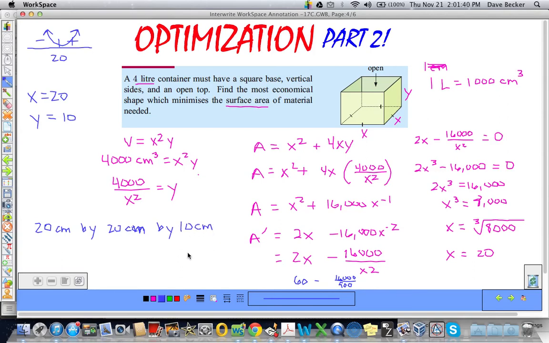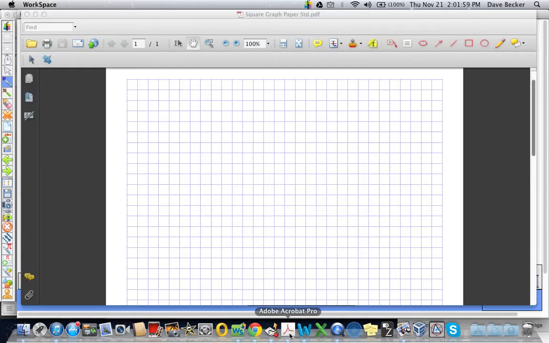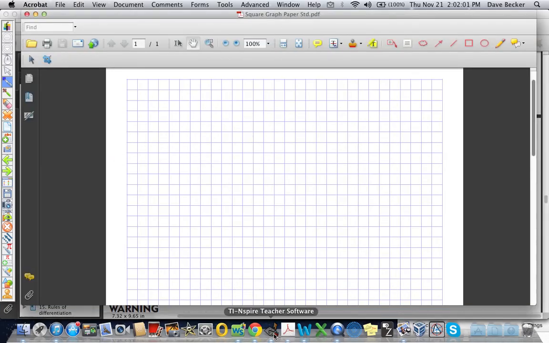And there we go. We have done it. Let's see if we can take a look at that on the calculator. Let's remember this: x squared plus 16,000 x to the negative 1 is our surface area. So, oops, wrong one.